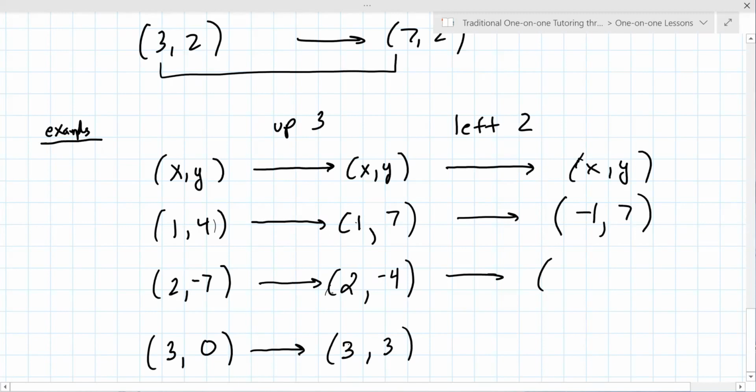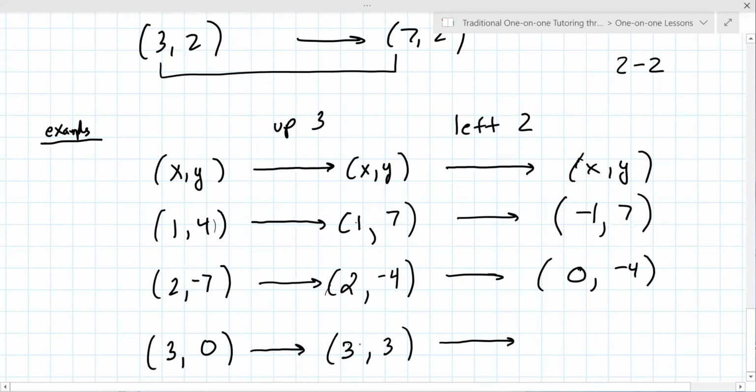So I'm asking you, what is 2 subtract 2? So subtract by 2. Yes, 2 minus 2 is 0. So that's going to be (0, -4). How do you go from 2 to 0? You subtract 2. That's what left 2 means. Left 2 means to subtract 2.